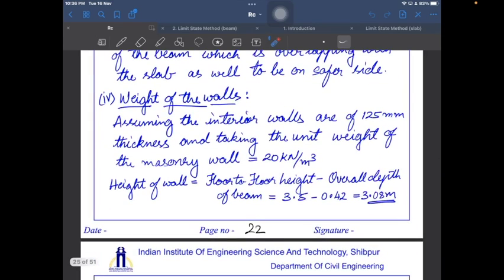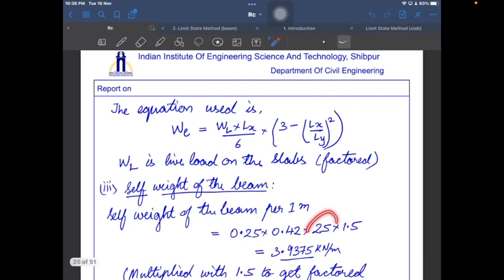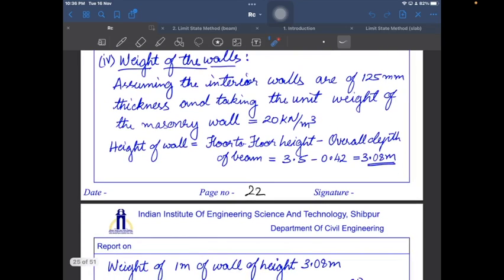Then the weight of the walls is also there. We are assuming interior walls as 125 thick, and weight coming from them is 20 kilonewton per meter cubed. Here we have 25 kilonewton per meter cubed, but for walls we take 20 kilonewton per meter cubed. The height of the wall is calculated from this formula: floor to floor height minus overall depth of beam, which comes out to be 3.5 minus 0.42. 3.5 is my floor to floor height.